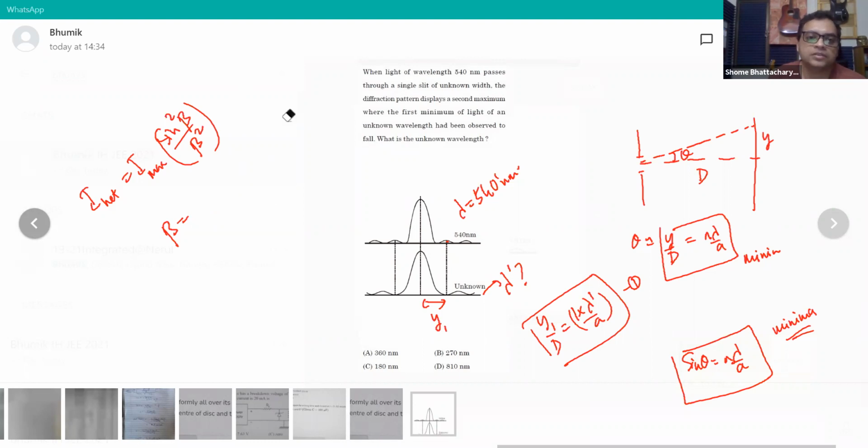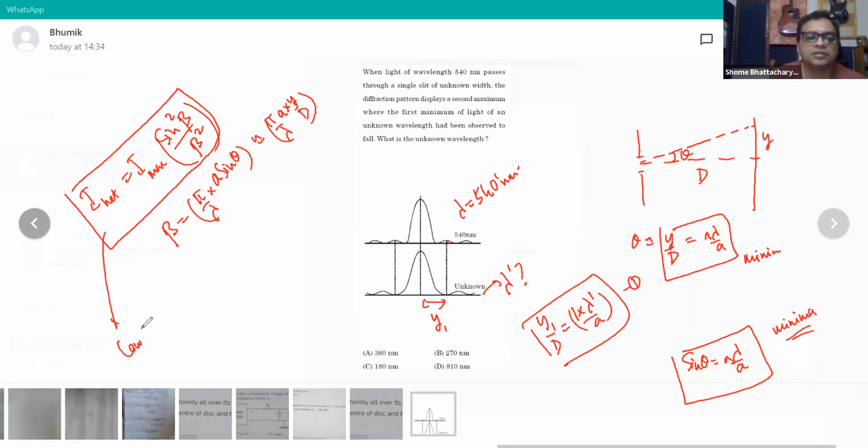Pi by lambda into A sine theta, sorry. Yeah, it was pi by lambda into A sine theta. So you can say it is approximately pi by lambda into A y by d. Okay. So the first maxima point, that's a very complicated thing.